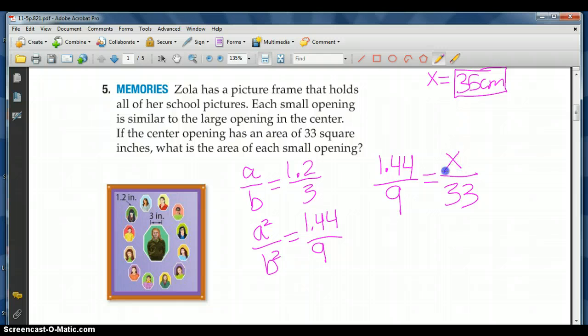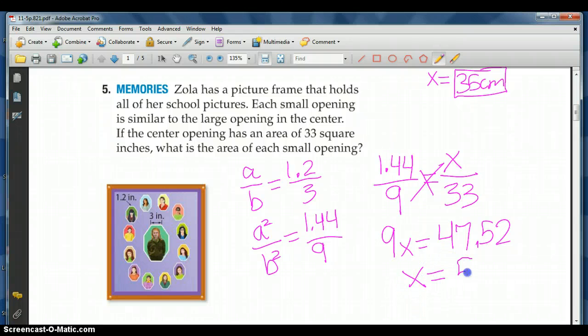We want to find this area. So we cross multiply. 9 times x, and 1.44 times 33. And then we divide both sides by 9. And there's our area of the small picture.